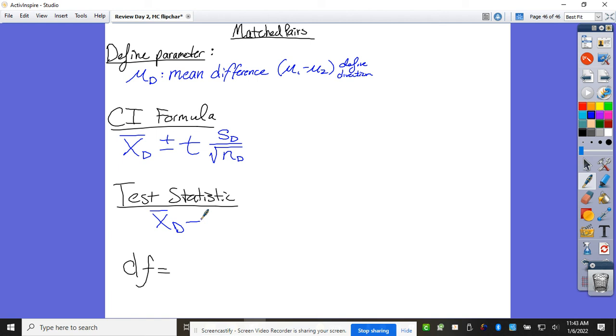Some number? I'm fine if we just put 0 for this test. Why am I being funny about that? Most of the time we use 0, but do we always have to? Technically no. And then divided by what? Just the same as up here.